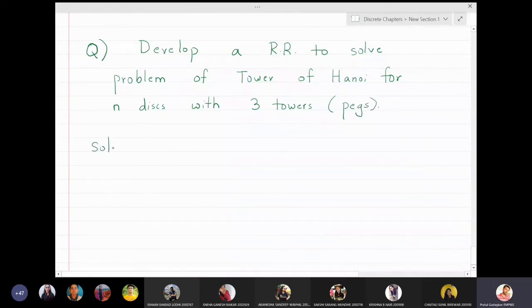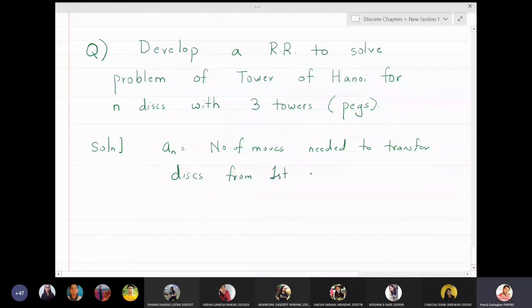So what is an? We will say an is the number of moves needed to transfer n disks from the first tower to the third tower.